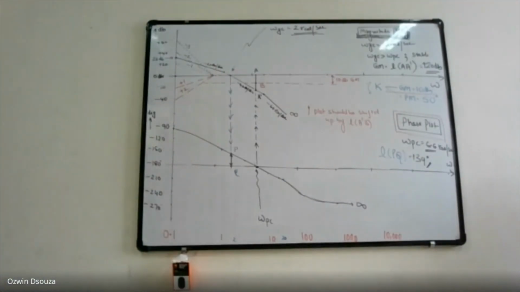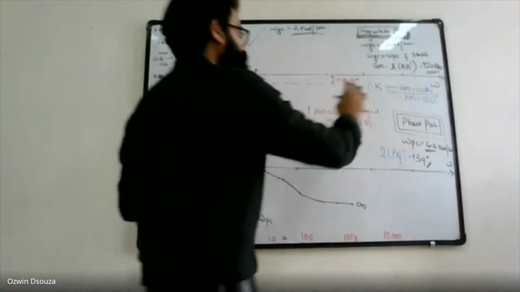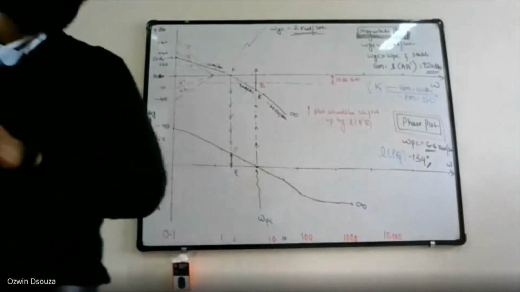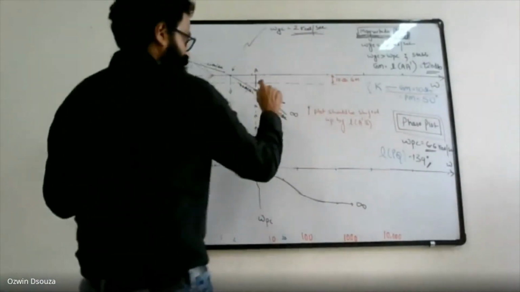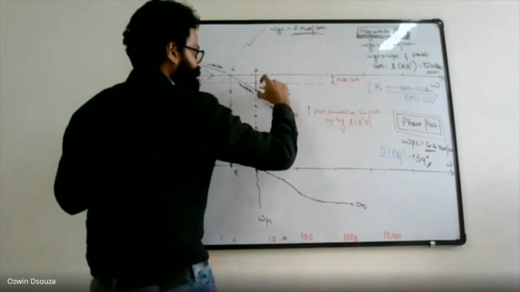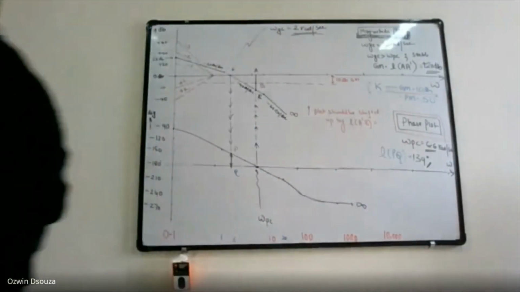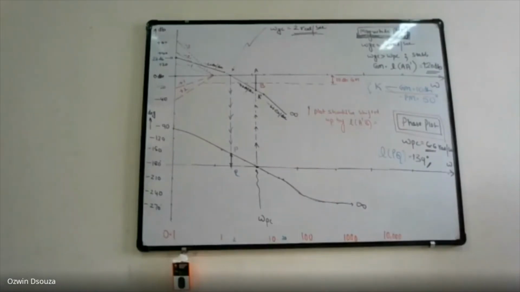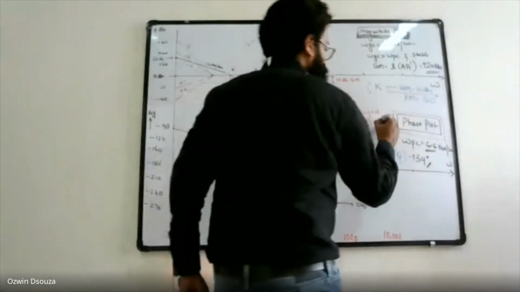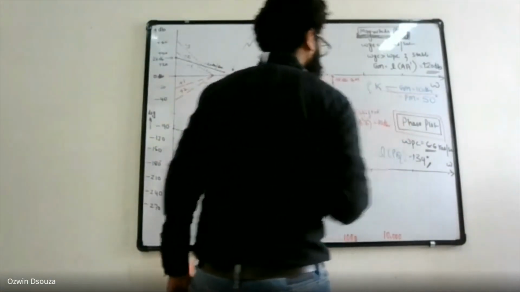This can be done by varying the value of K. So you will first measure length A dash B, and you will get it as 10 dB.